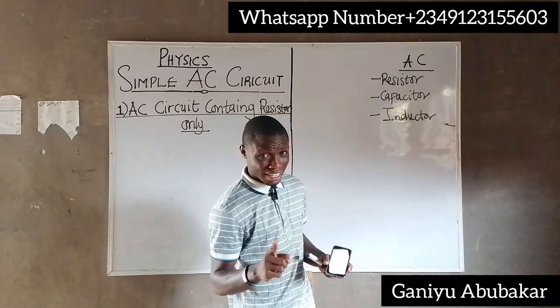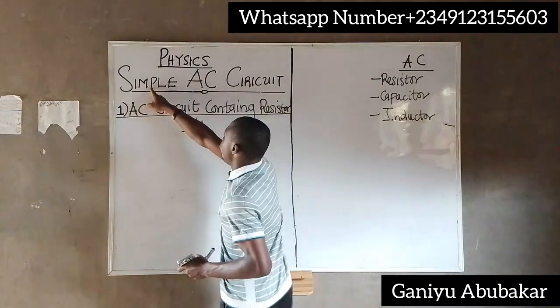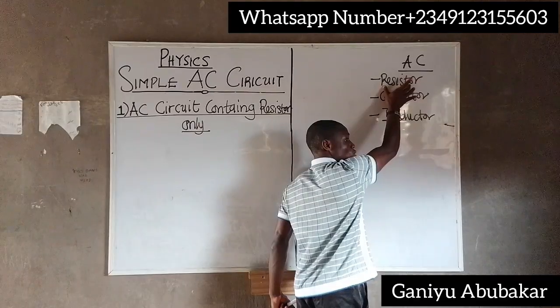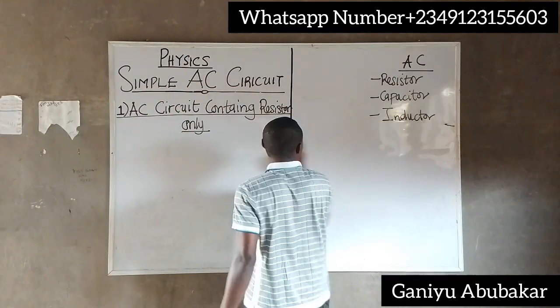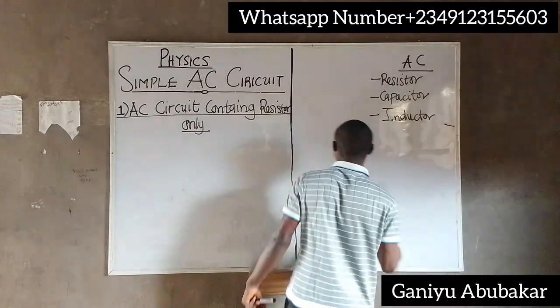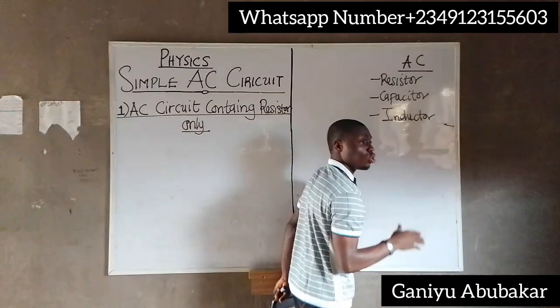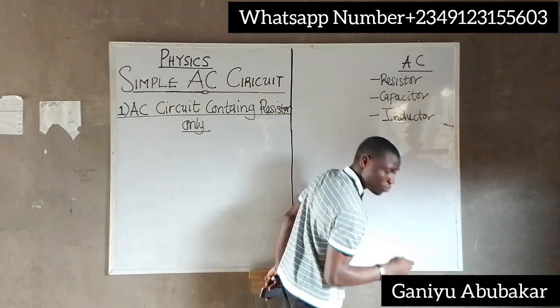So this class here, we'll be looking at simple AC circuit containing only resistor. We'll be looking at simple AC circuit containing only capacitor. We'll be looking at simple AC circuit containing only inductor. I just picked them individually.